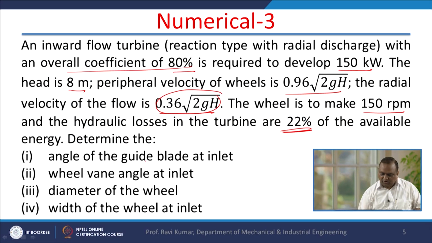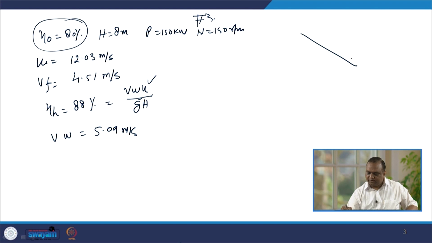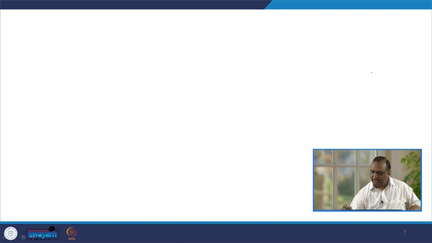We have to find the angle of the guide blade at inlet. In order to find the angle of the guide blade at inlet, if we draw the inlet triangle, it is going to be like this. Normally it is like this for a Francis turbine.